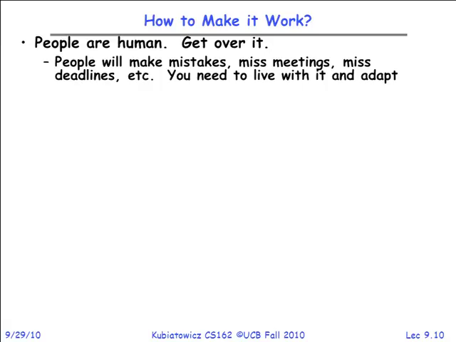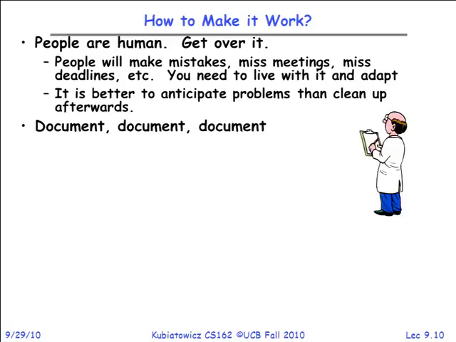Another thing is document stuff. All right, this sounds painful, but if you sit down and write out what your plans are, or write out what the group structure is, so you have a group structure contract or something, you know, Joe will do this, Jan will do this, and so on, right?